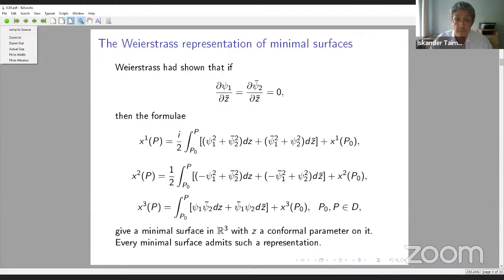Then this formula gives a minimal surface in R3 with zero conformal parameter. What does it mean? We have a fixed point P0, map it into some point in R3, and then take the integrals in the left-hand side along some paths which join P0 and P.